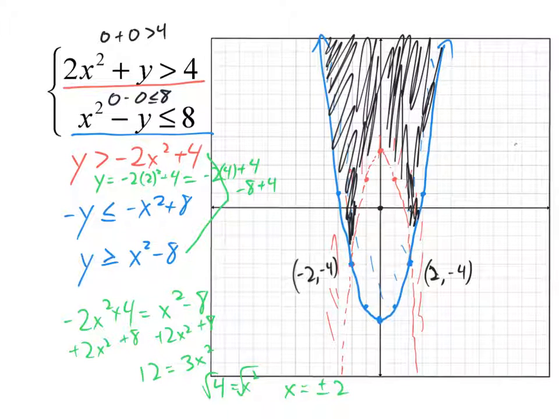So that gives me negative 4. So then 2, negative 4 is one of my points. And if you see, it's right there. And then I can plug the negative 2 back into here. And if you notice, it's the same math because the negative 2 squared is going to be positive 4 again. So that'll give me negative 4 again. So that's if it's not nice and pretty on the perfect spot.